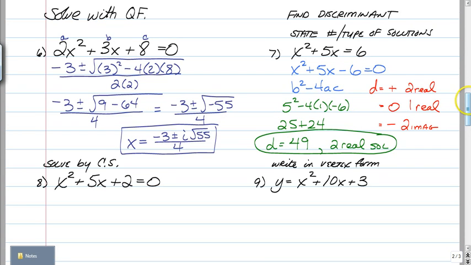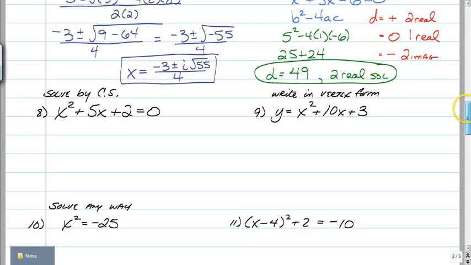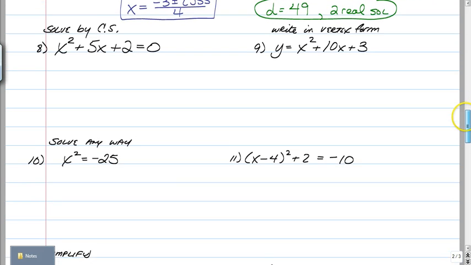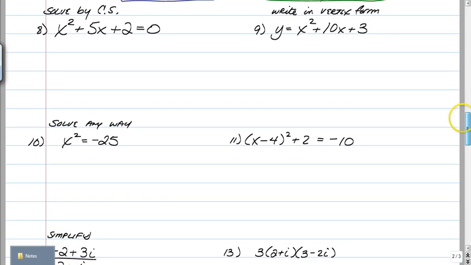Okay? Next 2 examples will be writing in vertex form and solving by completing the square. Again, the skill is the same. It's about completing the square. So to solve by completing the square, same thing as on the quiz. First thing you need to do is move the number to the right.